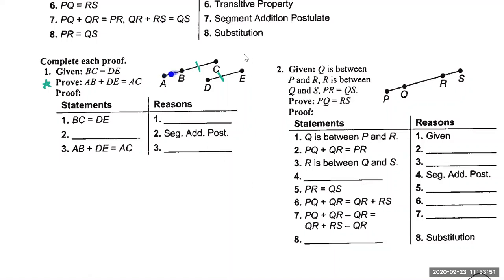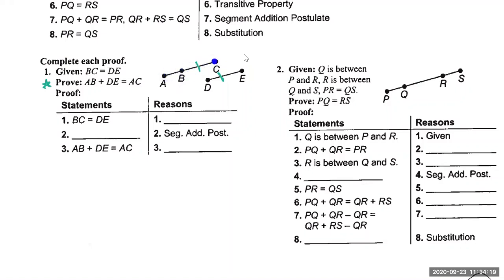Okay, so AB, this segment, plus DE is equal to AC. What I was given was that BC and DE are congruent to each other. What I'm going to note in the proof is that where the given talked about little pieces of a segment, in the proof part we somehow have to incorporate this whole segment right here, which is comprised of AB and BC.